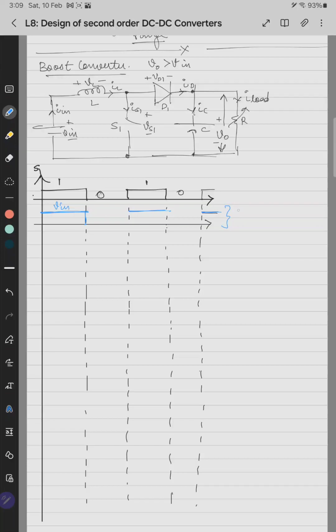This waveform belongs to VL, and when the switch is off, again the inductor current will force the diode to be forward biased. The voltage across the inductor is V in minus V0. As V0 is greater than V in, V in minus V0 is negative. So it will be like this.